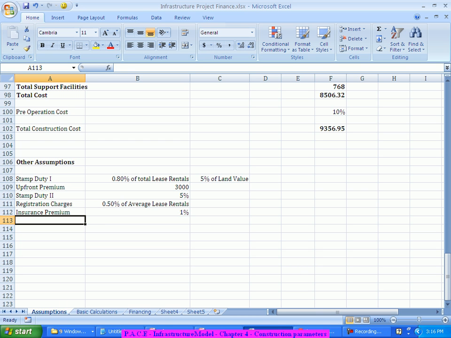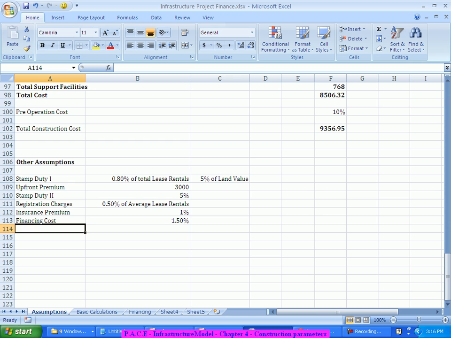So that's where, out of this construction cost, 60% is debt and 40% is equity for each of the years, right? So that's where our complexity again comes. The financing cost is coming out to almost 1.5%. So based on these assumptions, I have to develop my total non-construction costs now.